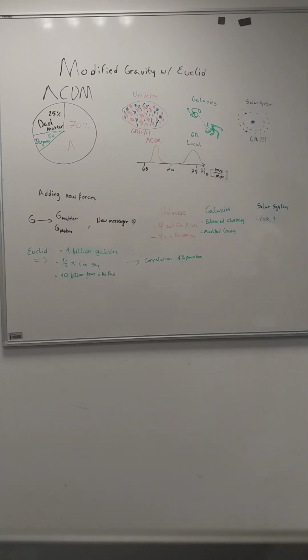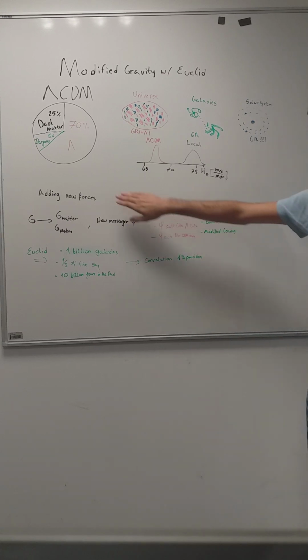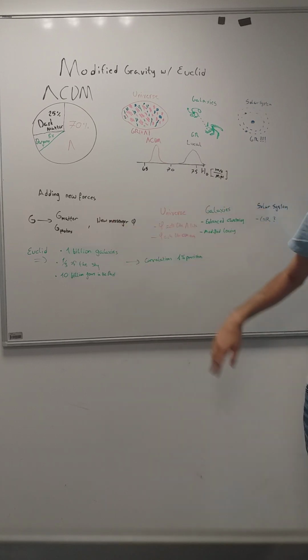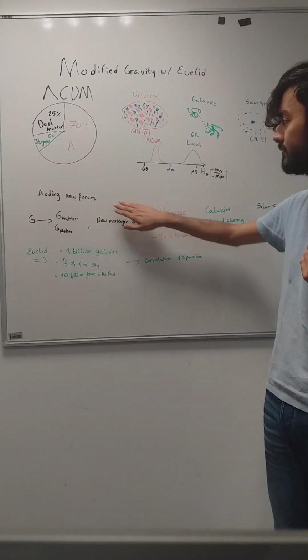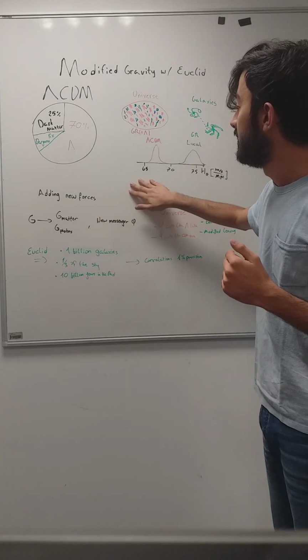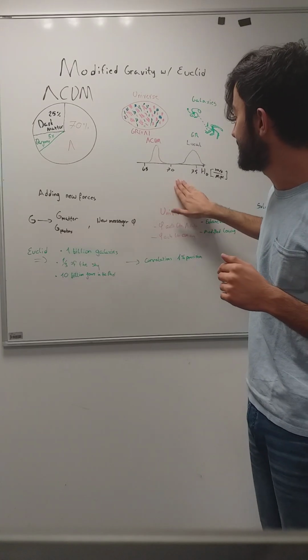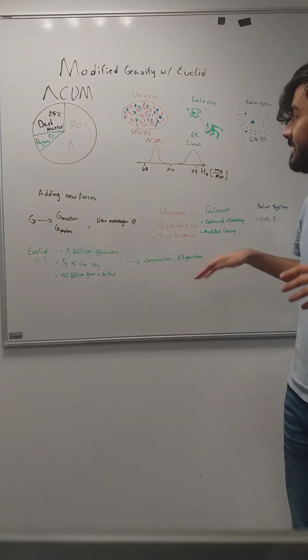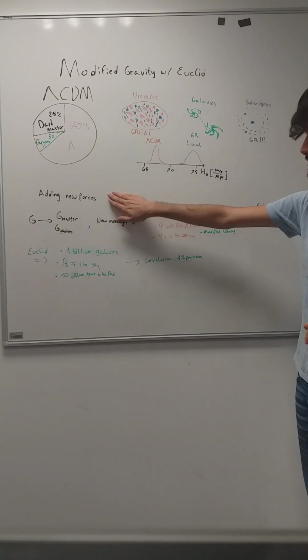We go to modified gravity theories. The theories that I talk about in this little talk will be those that add new forces. There are different modifications to gravity that can be done. For example, you can add new dimensions or deviations from Lorentz invariance to change your theory of gravity, but adding new forces might be the most simple way to think about it.